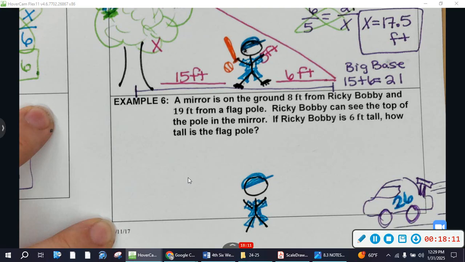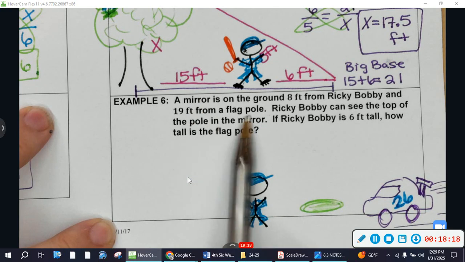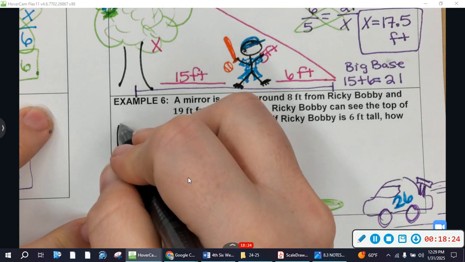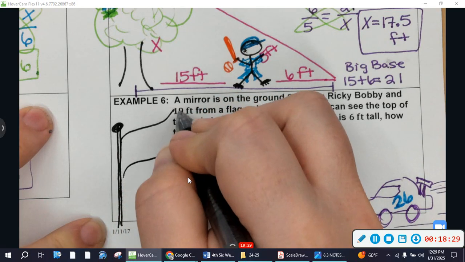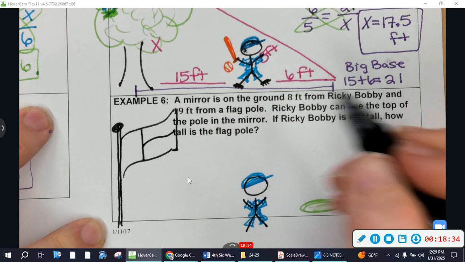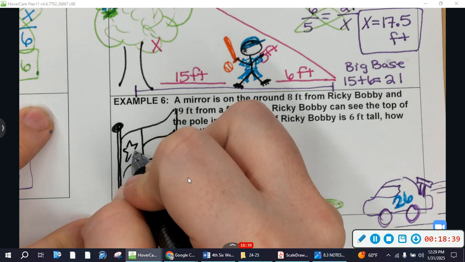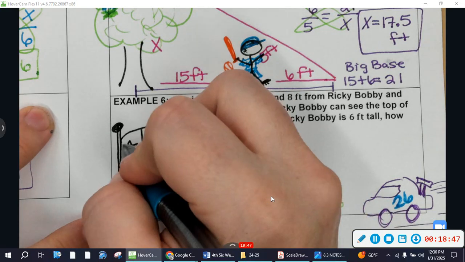Now, he is looking in a mirror on the ground. Here's my mirror on the ground, and he sees a flagpole. Well, it's got to be a Texas flag. So remember, when y'all are doing your notes, doing your assignment, we are looking for some amazing drawings.